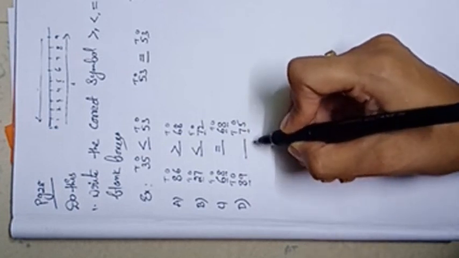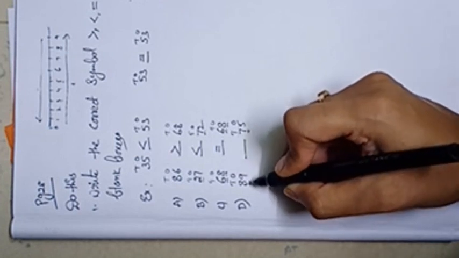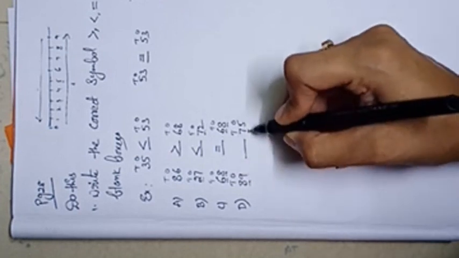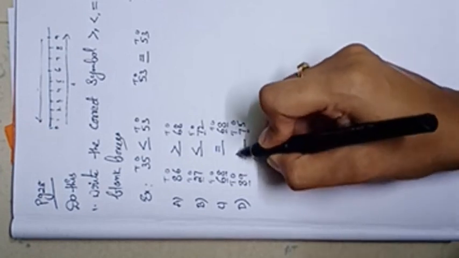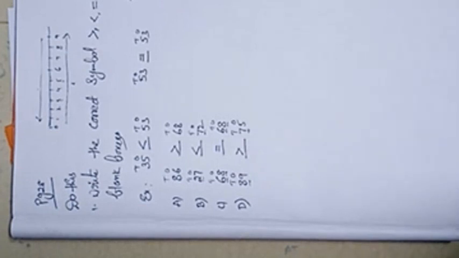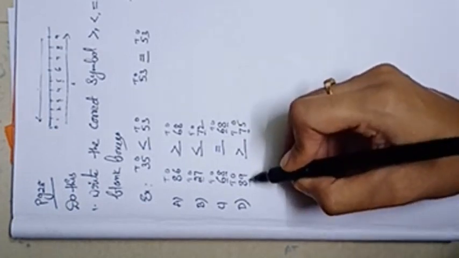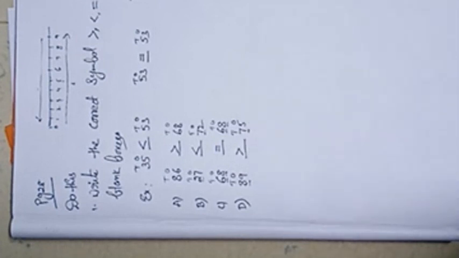So the crocodile wants to open its mouth towards this number. Now you read this number: 8, 9, 89; 7, 5, 75. So towards 89, the crocodile wants to open its mouth. So read: 89 is greater than 75.